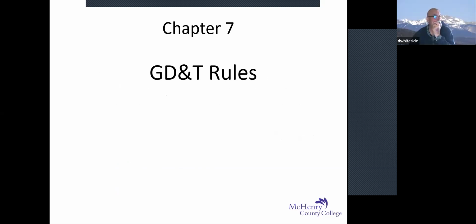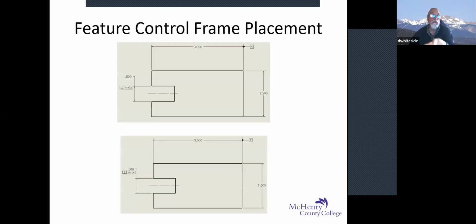Would you ever see it called out with both the center line and the surface edge, like in this slide here? Would you ever see both of those on a blueprint? I never have. And again, go back to what's the intention for needing that surface to be perpendicular.